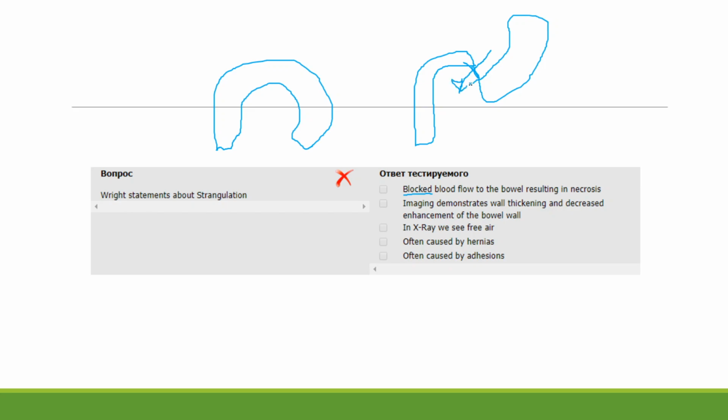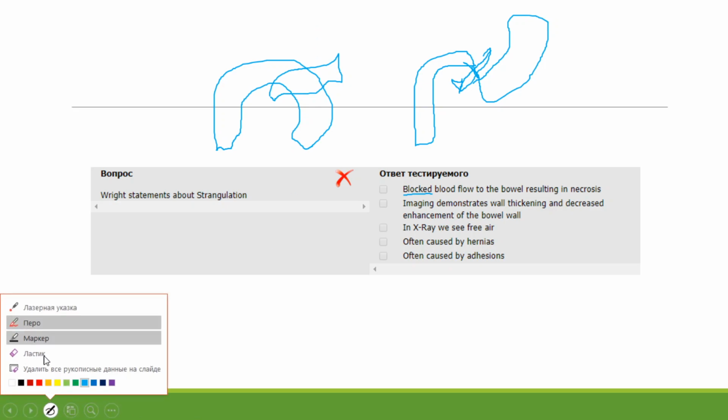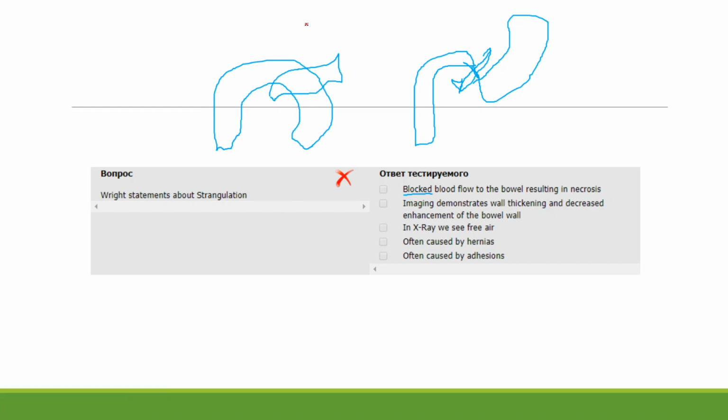Adhesion will block our bowel, and sometimes it blocks arterial perfusion, no arterial perfusion, and we can talk about necrosis.